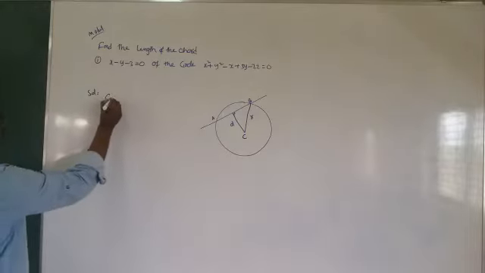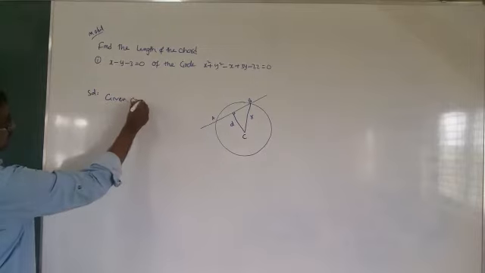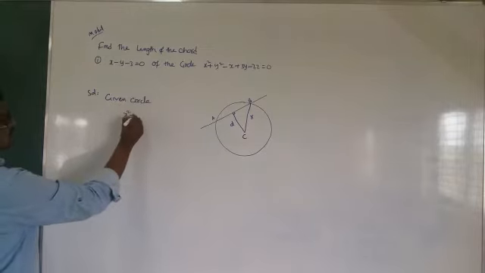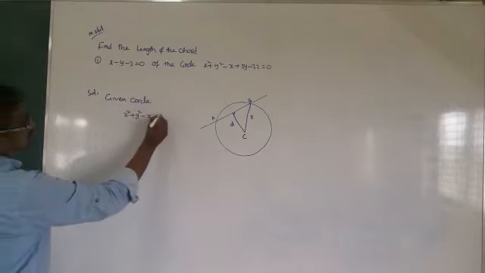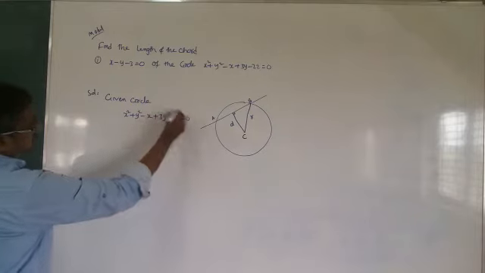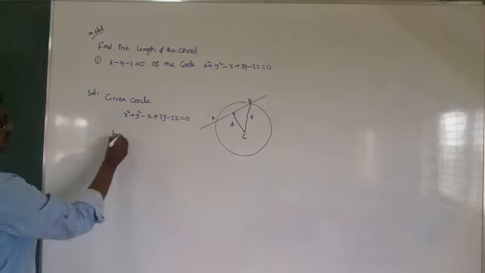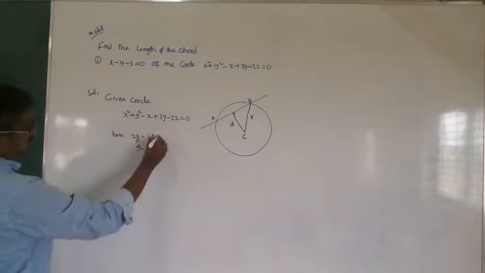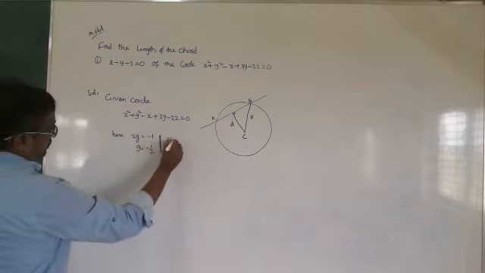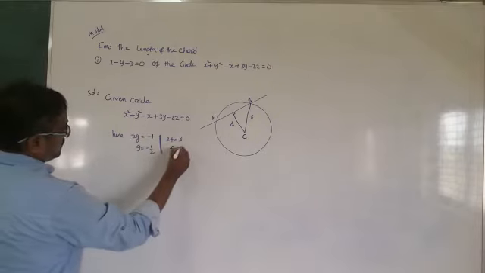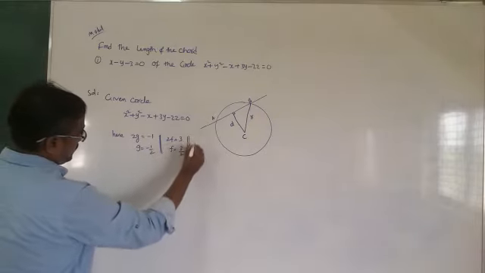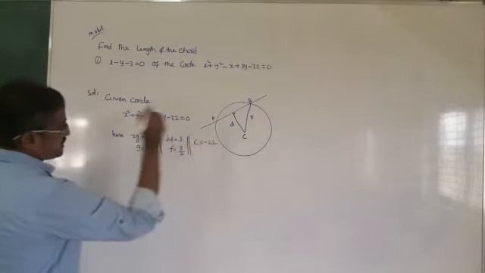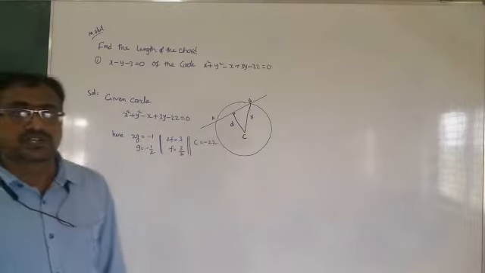Now given circle x square plus y square minus x plus 3y minus 22 equal to 0. Here 2g is equal to minus 1, g is equal to minus 1 by 2. 2f is equal to 3, f is equal to 3 by 2 and c is equal to minus 22.